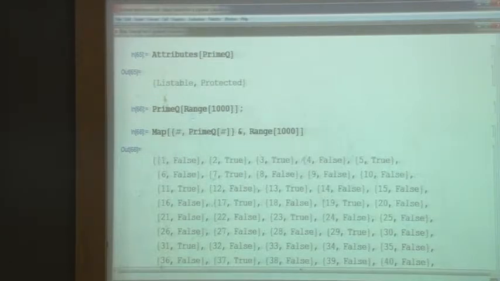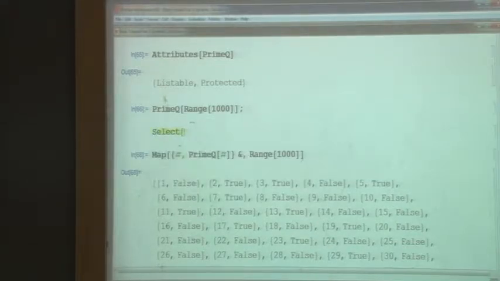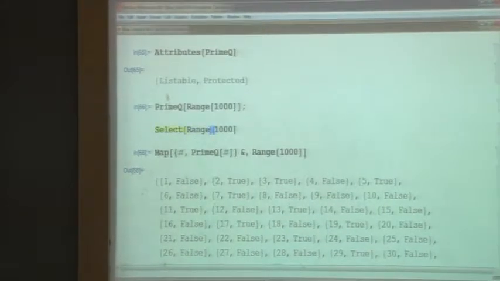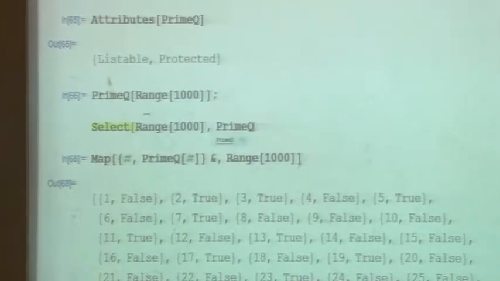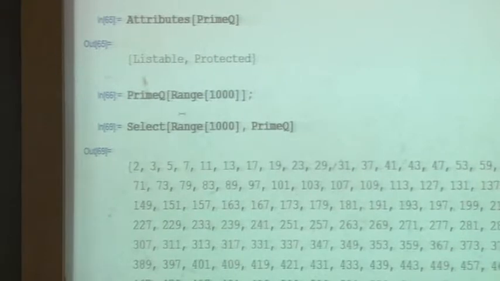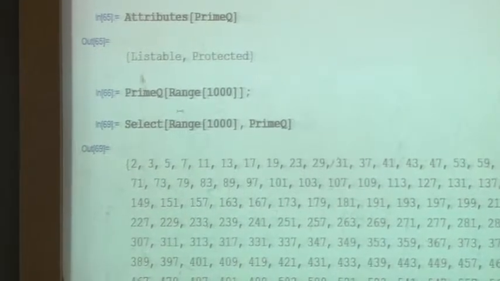But again, what I wanted actually was just a list of the numbers, right? So what I can do is use Select. Select from the list, so it's the first 1000 numbers, and then the function, in this case, is PrimeQ. There you go. And I got the list of the numbers.